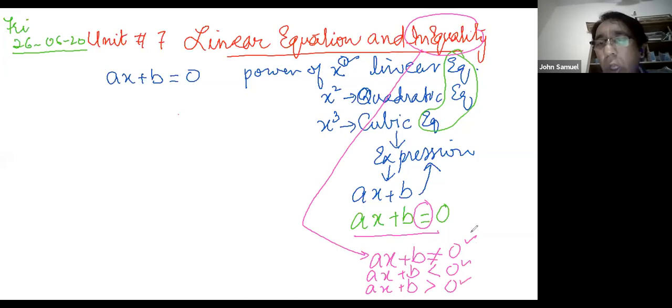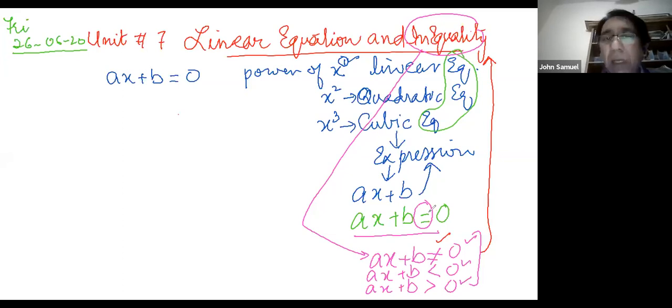These all show that these are inequality. I hope you got it. These symbols show like it is not equal to, is less than, or greater than, shows that these are inequality. And only the symbol equality shows that it is called equation. I hope you got it.